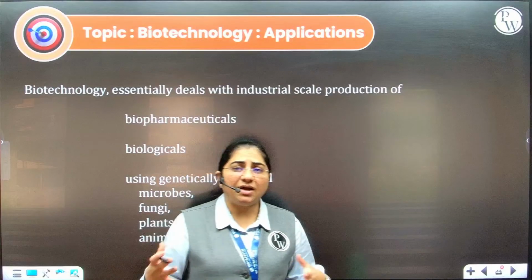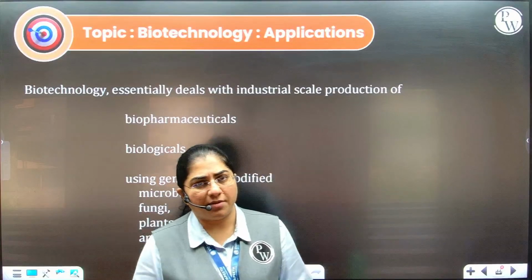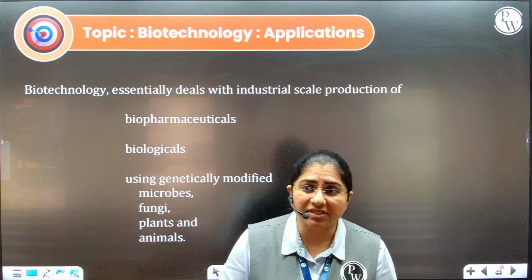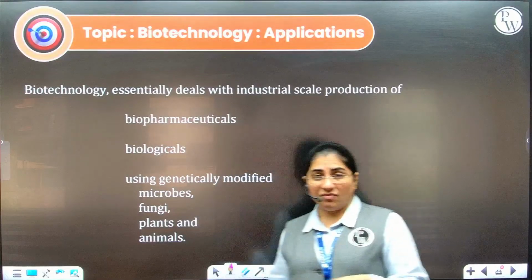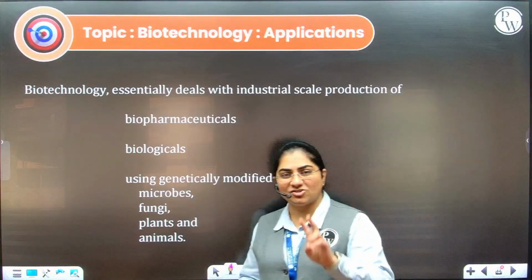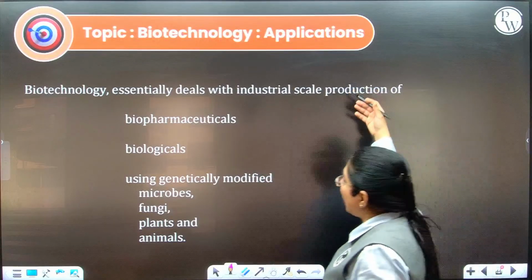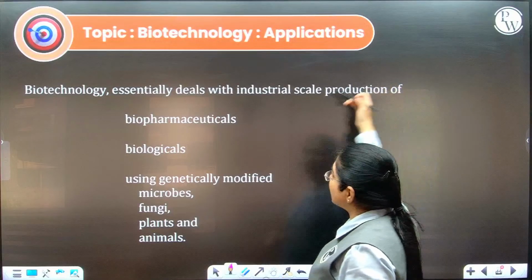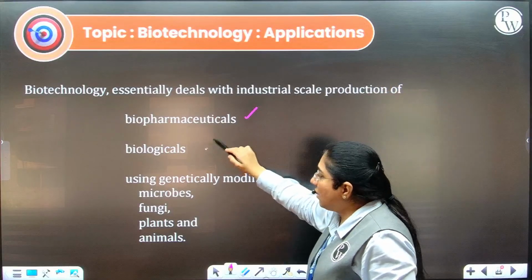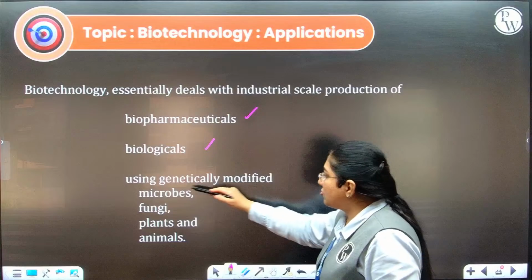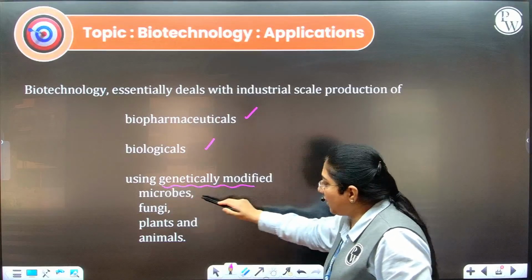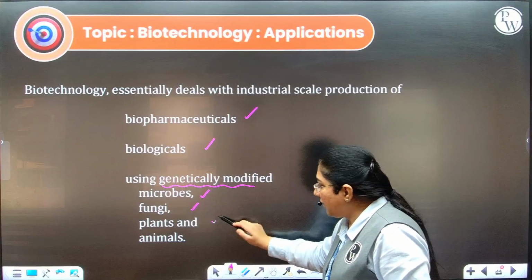Now, where is biotechnology used to a great extent? Biotechnology can be used to a great extent in almost every field. However, it is commonly used in agriculture and in medicine. Biotechnology essentially deals with industrial scale production of biopharmaceuticals and biologicals using genetically modified microbes, fungi, plants, and animals.